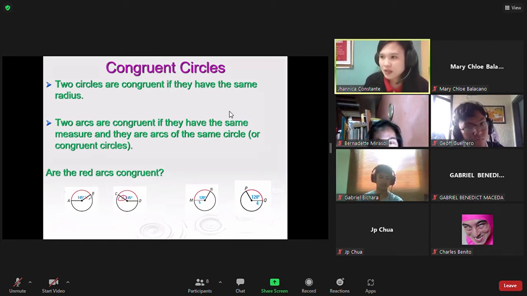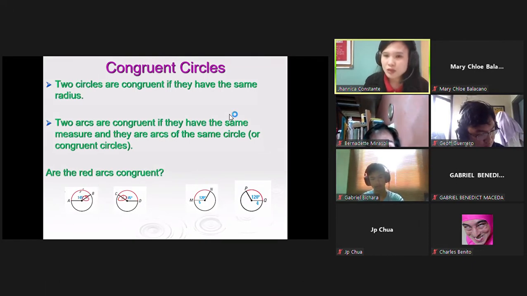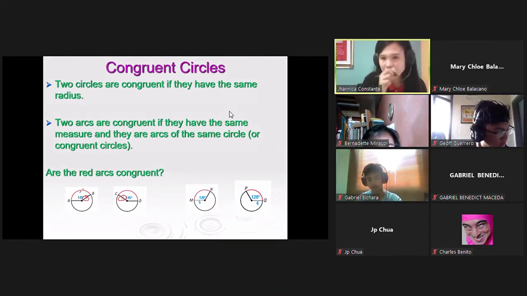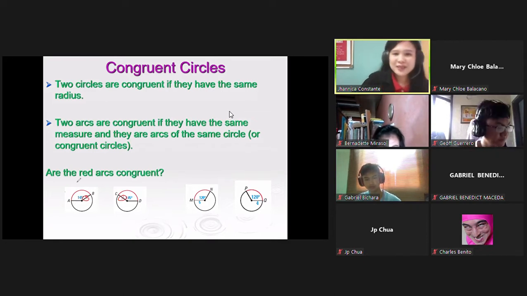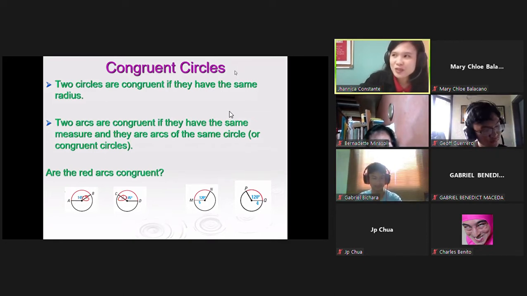That means the radius of these two circles are congruent, including the measurement of the central angle of our circle. It means these two circles are congruent. So let's proceed with the first theorem that we have in the congruent circle.